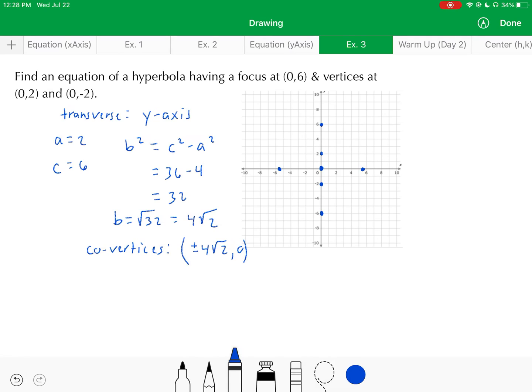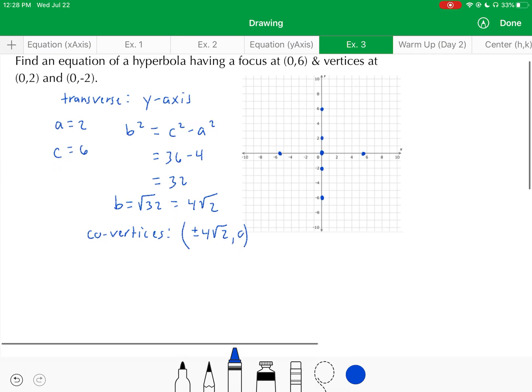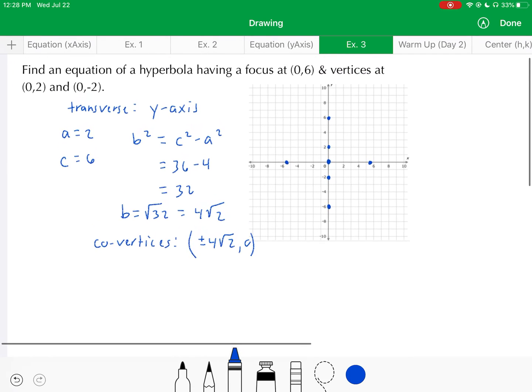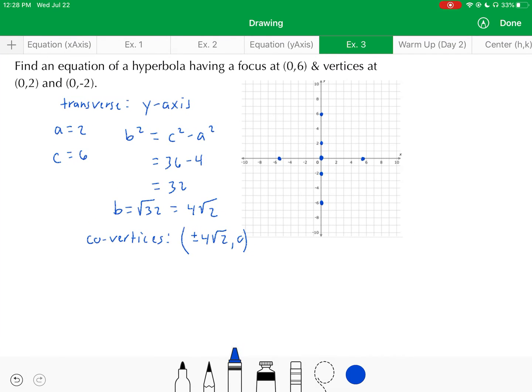So at this point, I can come up with my equation. Since my transverse axis was along the y-axis, I need to put y squared first over my a squared value, which is 4, subtracted by x squared over my b squared value, which is 32. Equal that to 1.